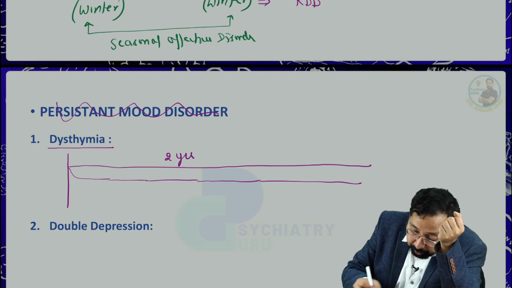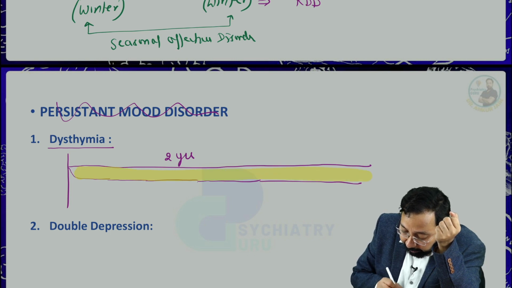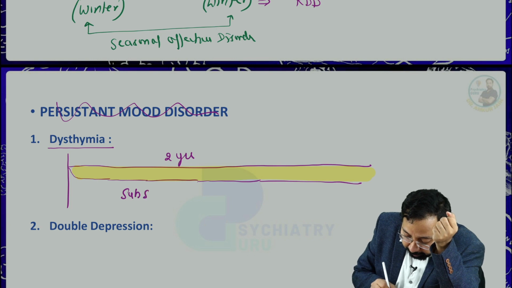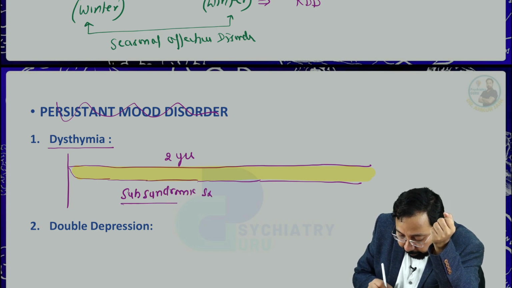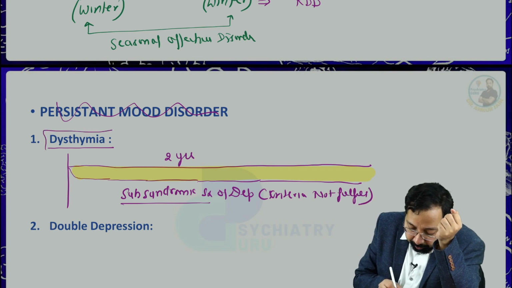If these symptoms continue for 2 years and never fulfill the criteria of depression, subsyndromic symptoms of depression, meaning criteria not fulfilled, this is dysthymia.